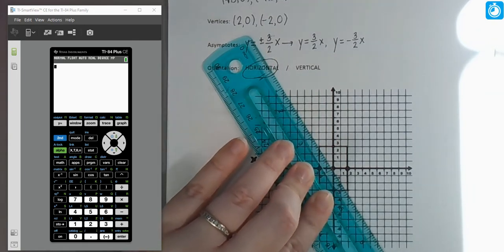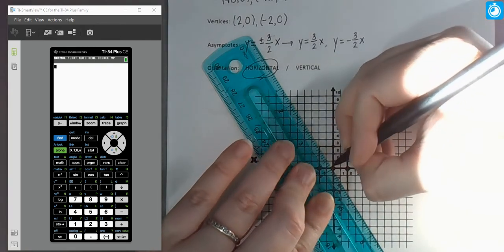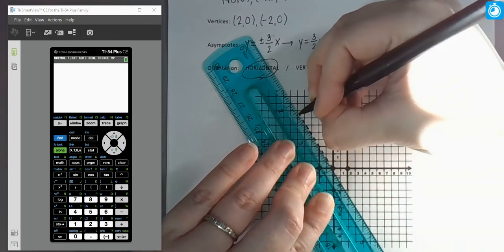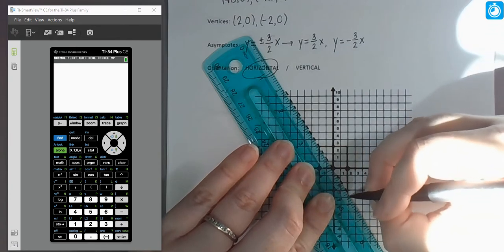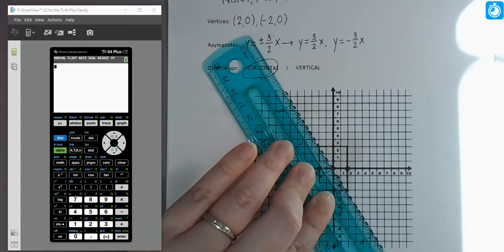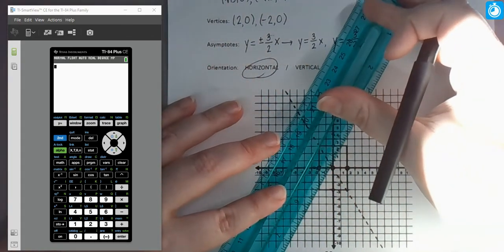Now, keep in mind, asymptotes are imaginary. They're not really there. So the traditional way to draw asymptotes is using a dotted line. So I'm going to draw a dotted line representing each of these two asymptotes. And notice again, they're going to pass through the center, and they're also going to pass through the two corners of the boxes, of this particular box.